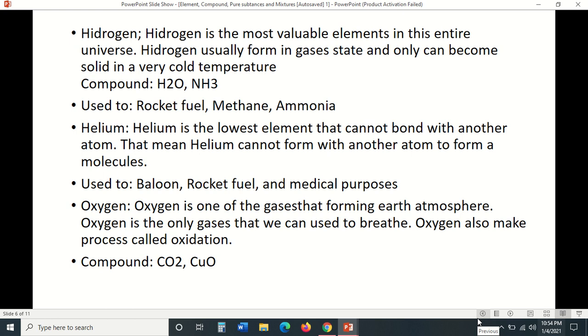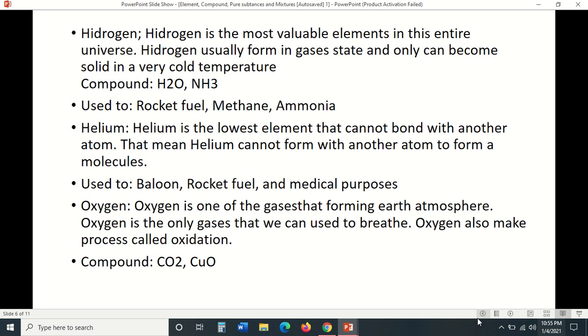So hydrogen is the most valuable element in this entire universe. 78% of the universe is hydrogen gas. Hydrogen usually forms a gaseous state at room temperature. What does room temperature mean? It is how we feel the temperature in the daytime.